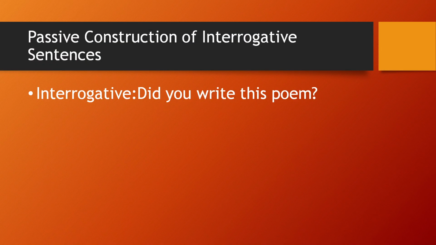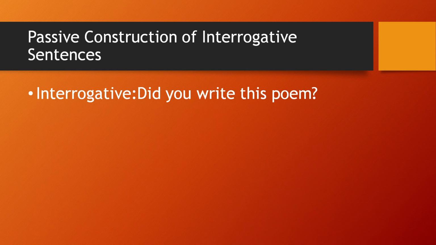Now, let us look at passive construction of interrogative sentences. Before we start this, let me give you one more example of phrasal verb change from active voice to passive voice.